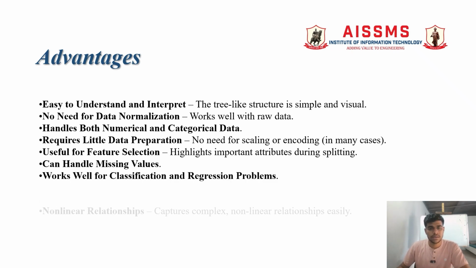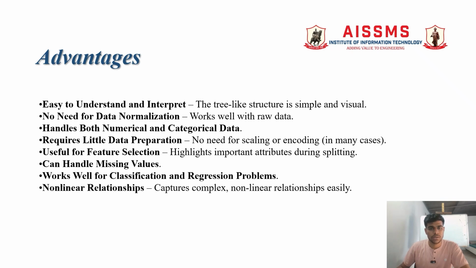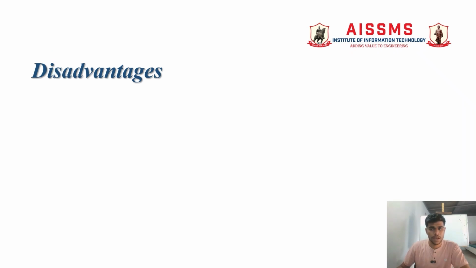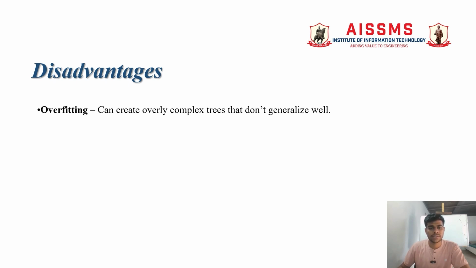As well as that, there are some disadvantages of decision trees. So let's see what the disadvantages are. Overfitting: can create overly complex trees that do not generalize well. Unstable: small changes in the data can lead to completely different trees.